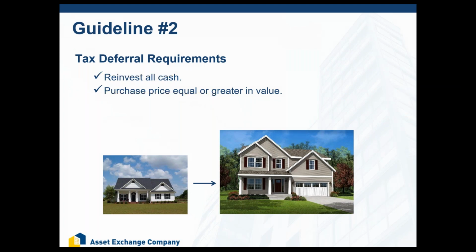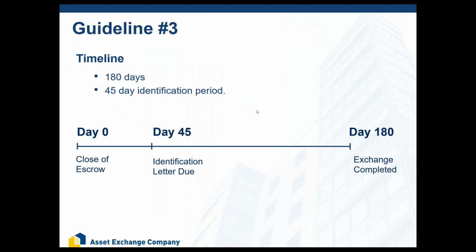Rule number 3. When you do your 1031 exchange, get it done on time. Right now, without any guidance from the IRS on extensions, you need to get your deal done within 180 days, and you need to identify on day 45. As I mentioned in the beginning of the presentation, we may get an extension on our time frame.